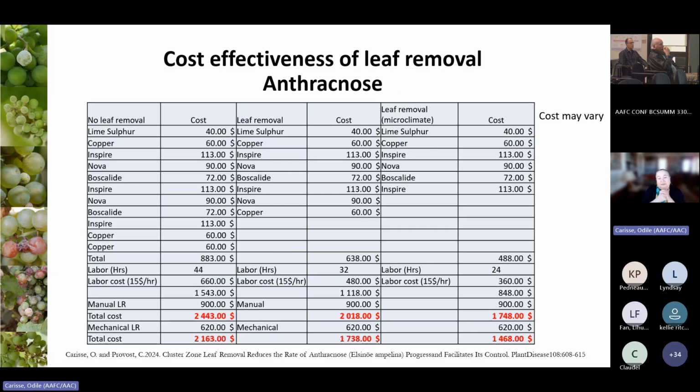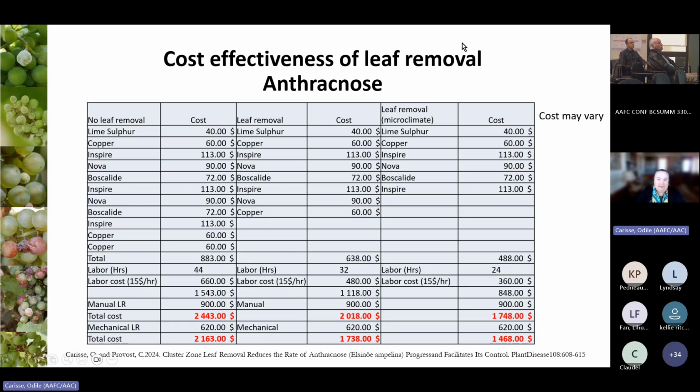As I mentioned, we did a similar experiment with anthracnose, and in that case, we used the data to do a cost-effectiveness analysis of leaf removal for anthracnose. I didn't have time to show all the results, but basically it was very similar to what we did on botrytis bunch rot.